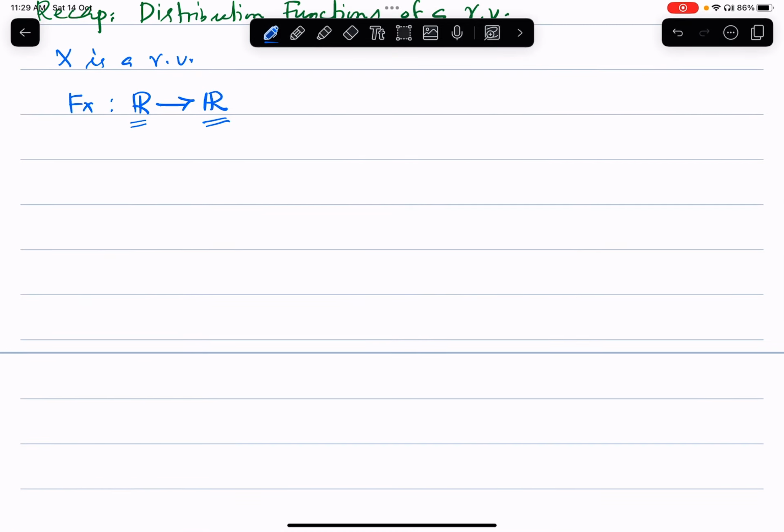So how do you define a distribution function? We have to pay attention to the notations. F capital X is how we designate the function. Small x is the variable. This x can take any numerical value because it is from R to R. That is defined as the probability of all x such that capital X is less than or equal to small x.